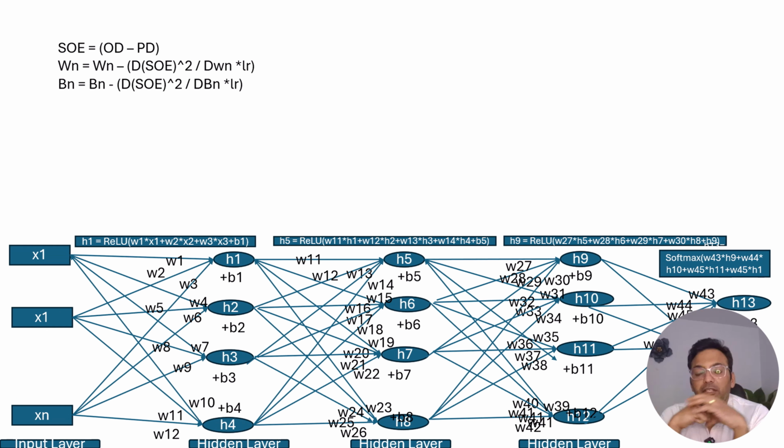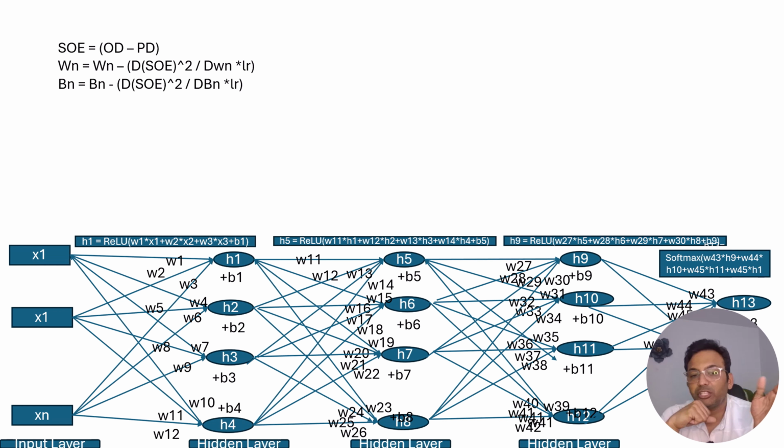So how is it working? I have shrunk the neural network down to the bottom of this page. At the top, I wrote the sum of error, which is basically the difference between the observed data and the predicted data. Then for each weight, the step size for weight n is found from the derivative of the sum of squared errors with respect to weight n, which we multiply by the given learning rate.